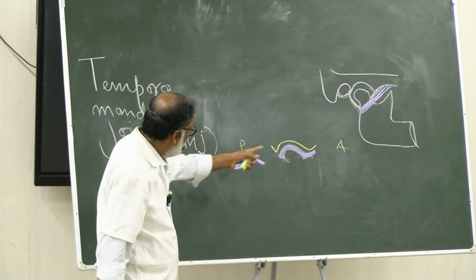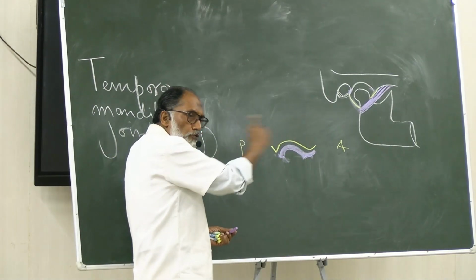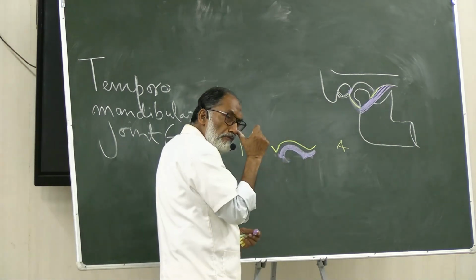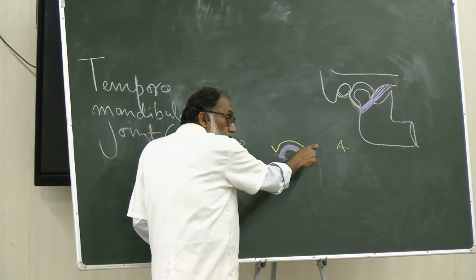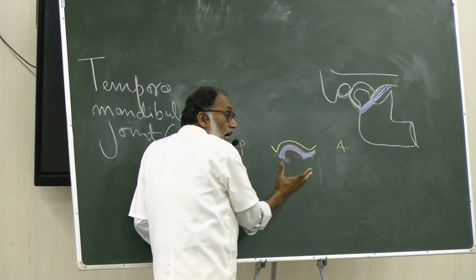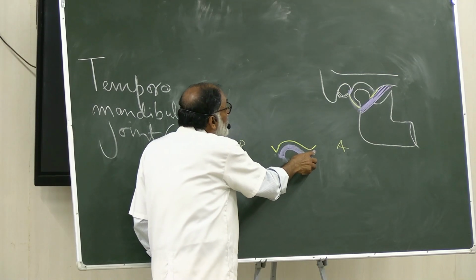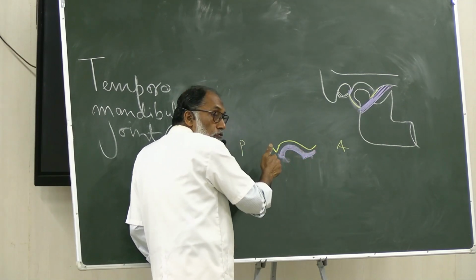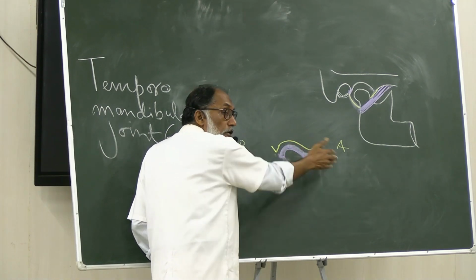Here you see this fibrocartilage from anterior to posterior. First of all, consider this fossa. The mandibular fossa is concavo-convex. To fit the fibrocartilage, it is concavo-convex from anterior to posterior, and this is concavo-convex from posterior to anterior.